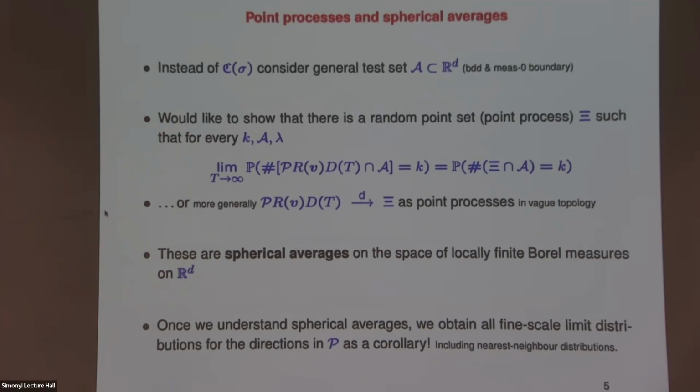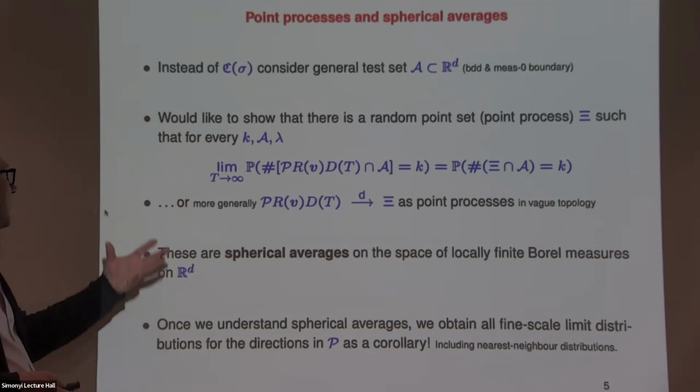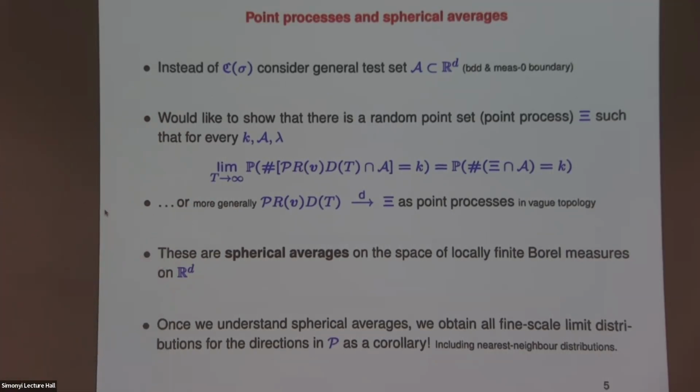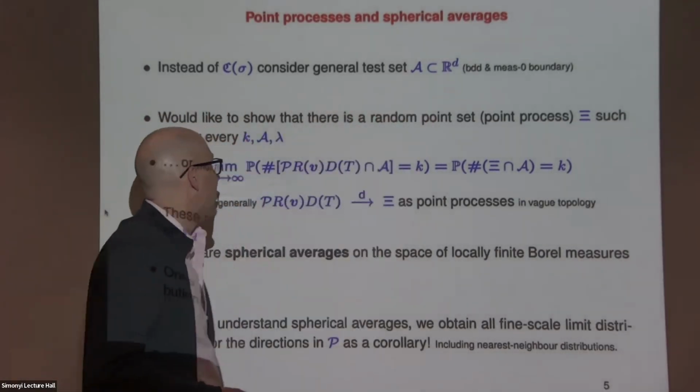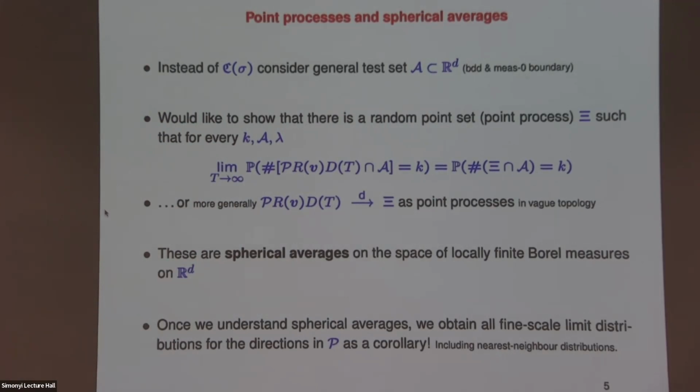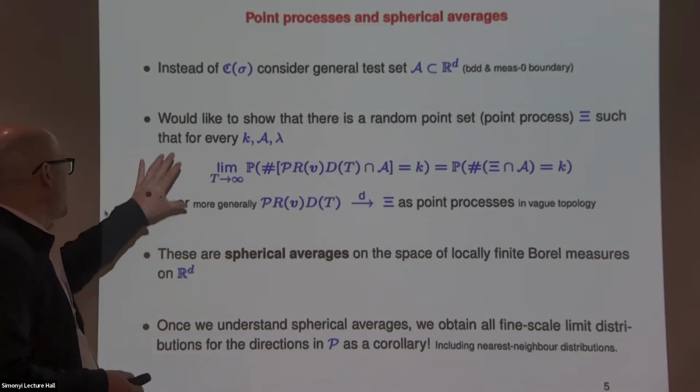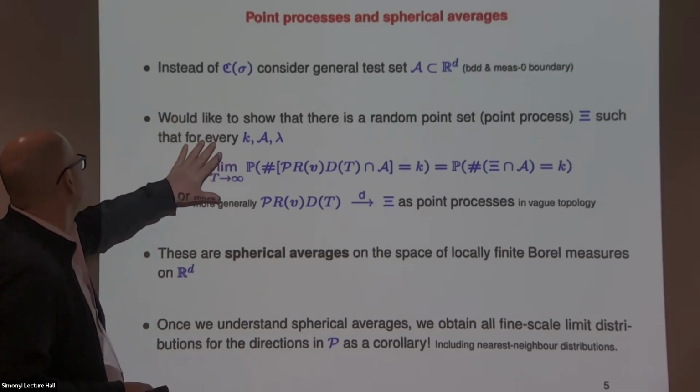So I had a very specific set here, my cone, and it's good to step back a bit and replace that just by a general test set, right? So why stick with a cone? Instead of considering this very specific one, let's just think of A as a nice general test set, bounded with boundary of zero measure.